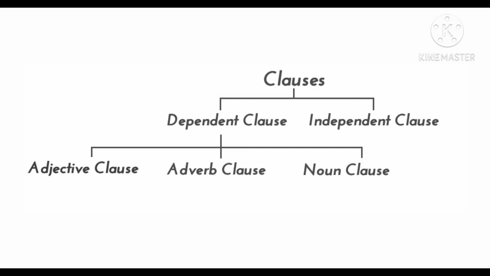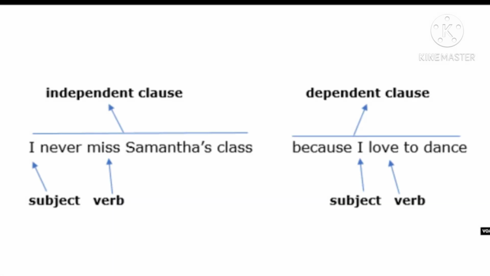The various parts of speech and phrases can be combined together to form clauses. Unlike a phrase, a clause contains both a subject and a verb together. Two types of clauses.